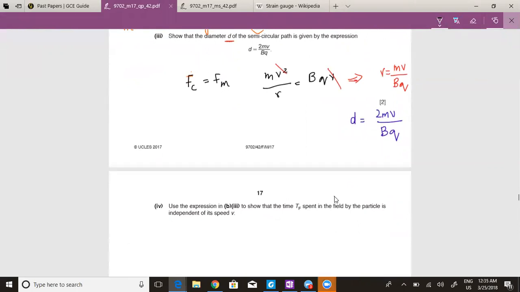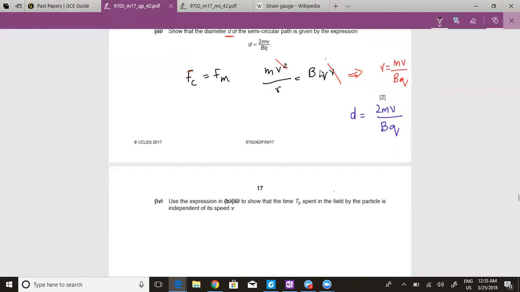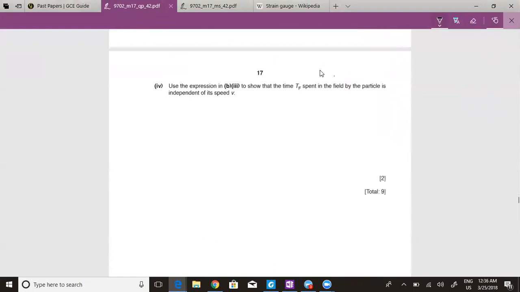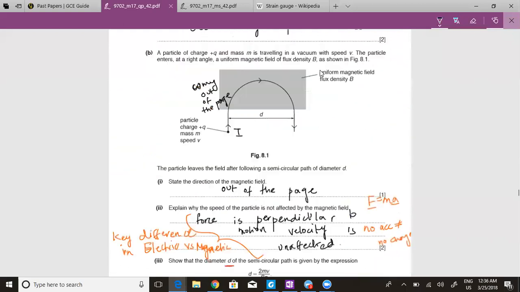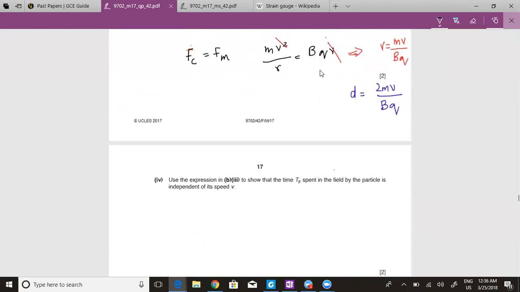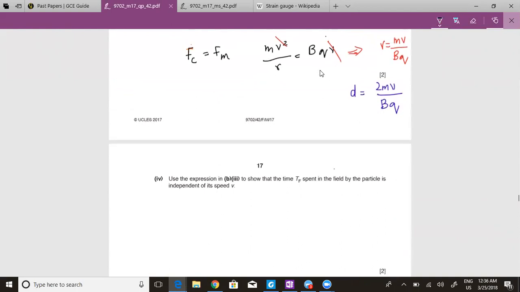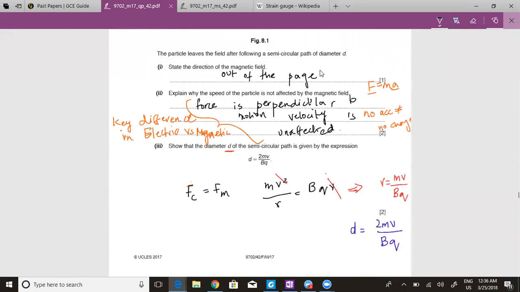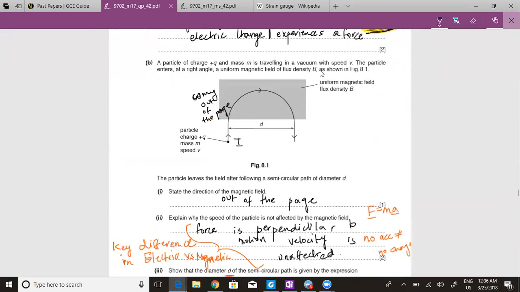Yeah, so we'll just do part 4. Use the expression to calculate the time T. Show that the time spent in the magnetic field is independent of the speed v.